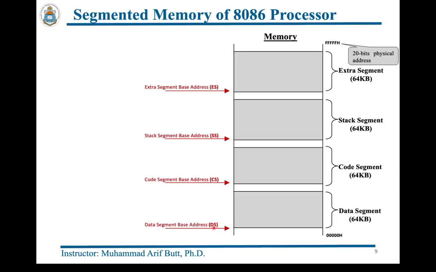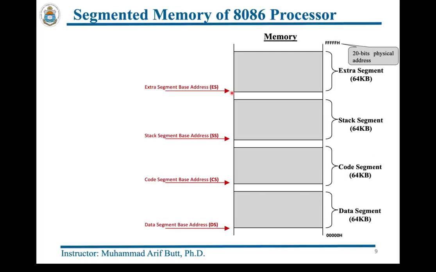So the DS register contains the base address of the data segment, CS register contains the base address of the code segment, SS stack segment register contains the base address of the stack segment, and ES register contains the base address of the extra segment.